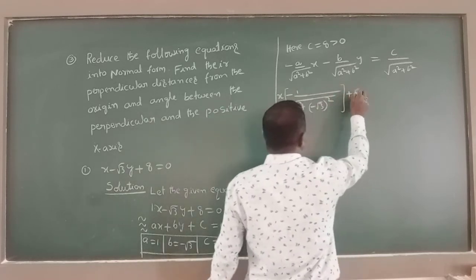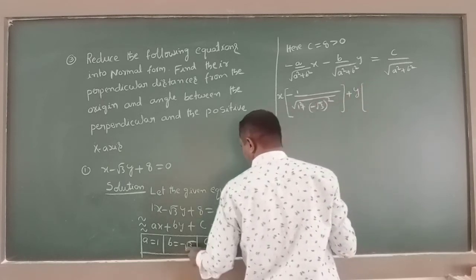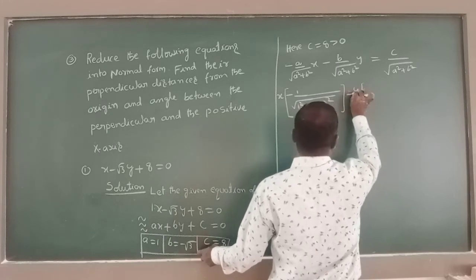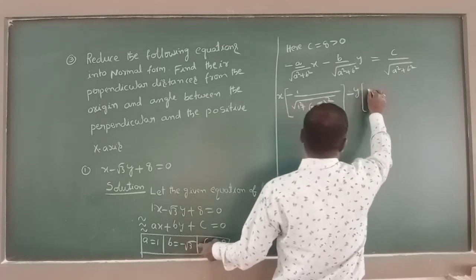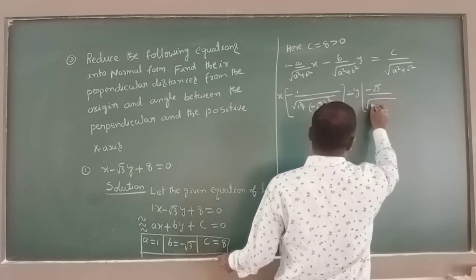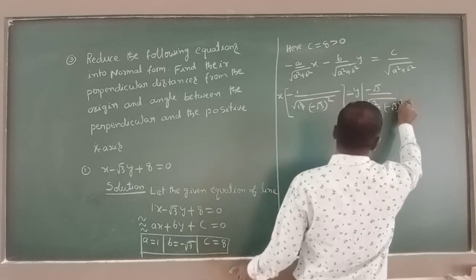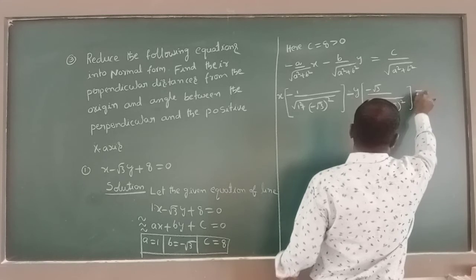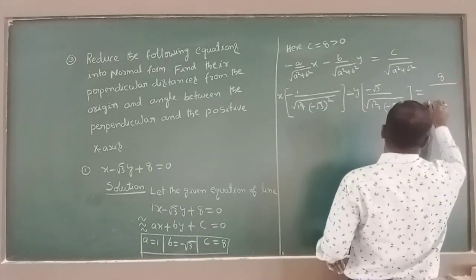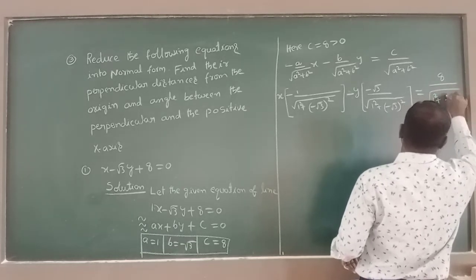Plus y into minus b, which is minus of minus root 3, divided by square root of 1 square plus minus root 3 whole square, is equal to c value 8 divided by square root of 1 square plus minus root 3 whole square.